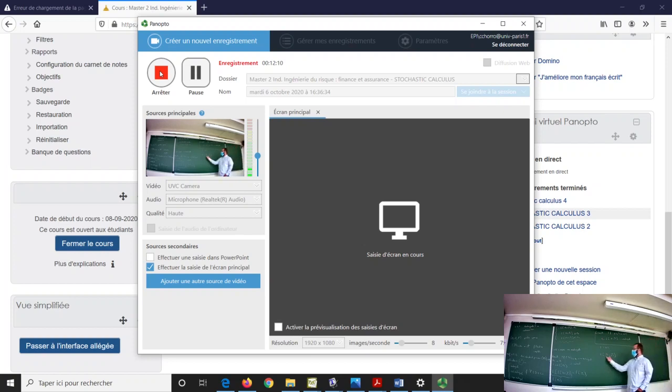So I replace, of course, MT by its definition. MT is equal to the conditional expectation of X given Ft. And I have to take the conditional expectation of this one given Fs.